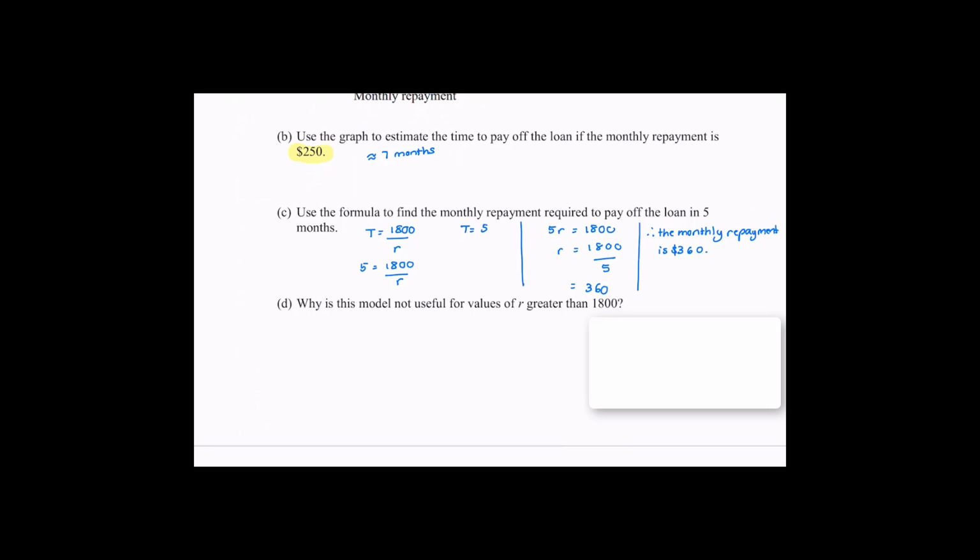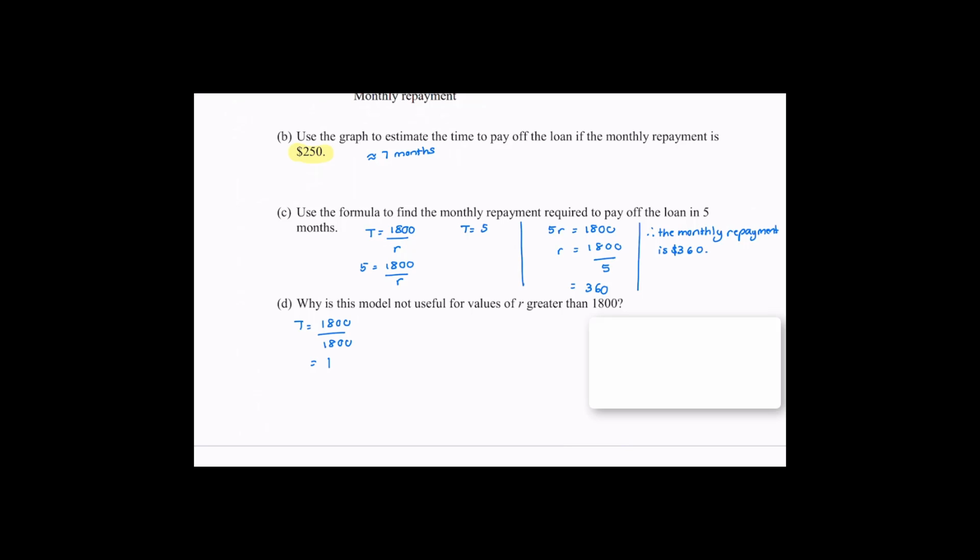And now the last question says, why is this model not useful for values of R greater than 1,800? Well, if I put 1,800 divided by 1,800, it's saying it's only going to take me 1 month to pay off the loan.